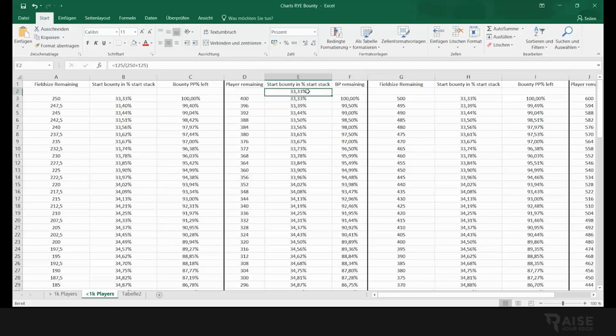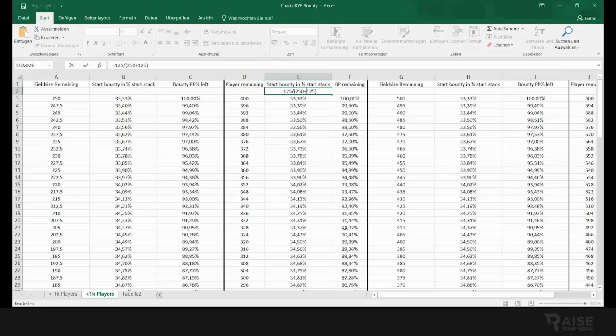Now we say some players did bust and a certain amount of bounty prize pool is remaining. And I explained in the theory video that this number is increasing exactly by the amount the bounty prize pool did decrease. So if I say I have a 10% decrease in the bounty prize pool, so 90% are remaining, I would have to multiply this number by 90%.